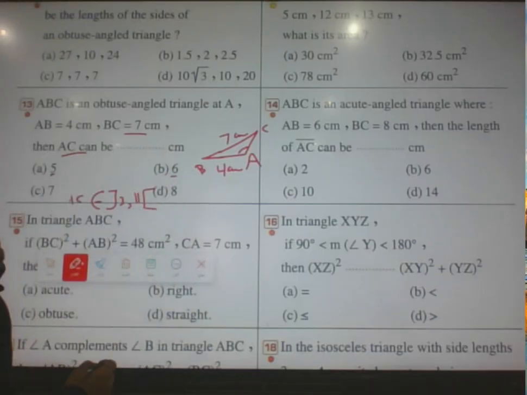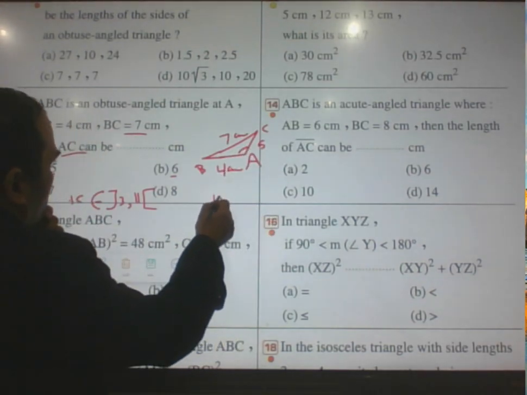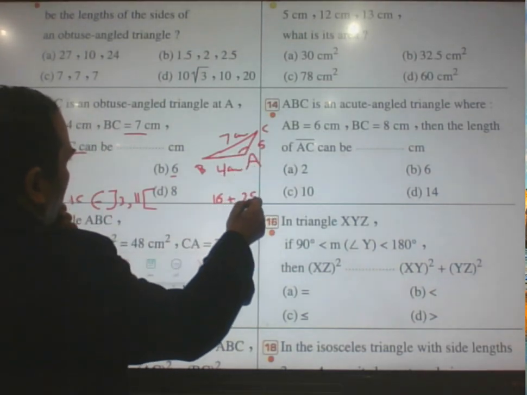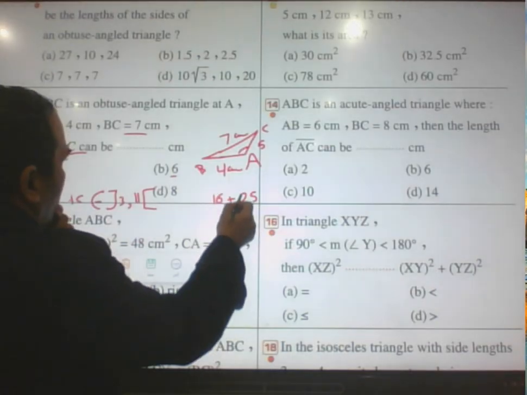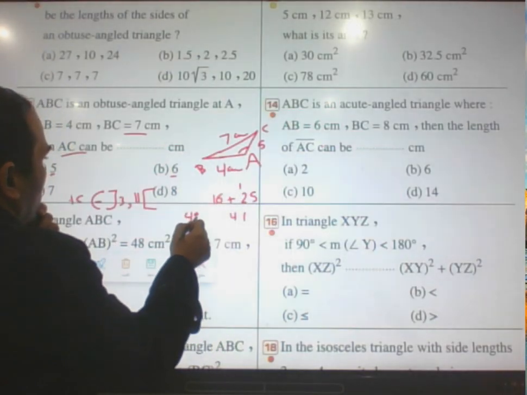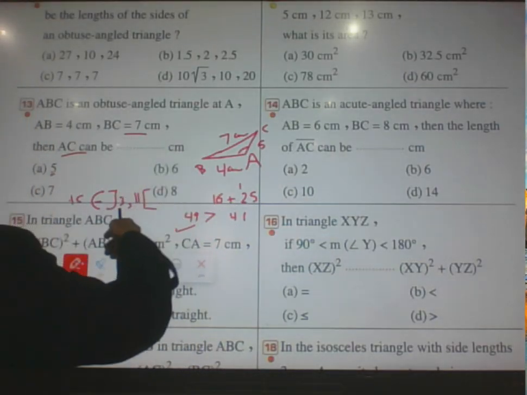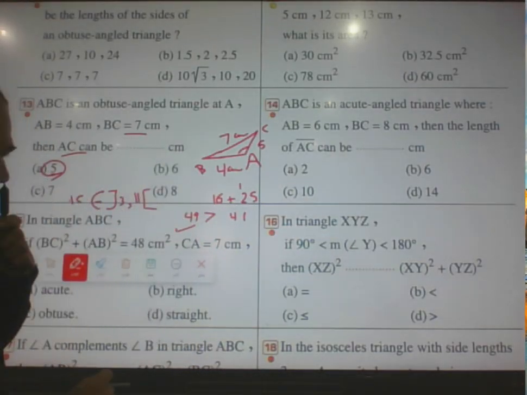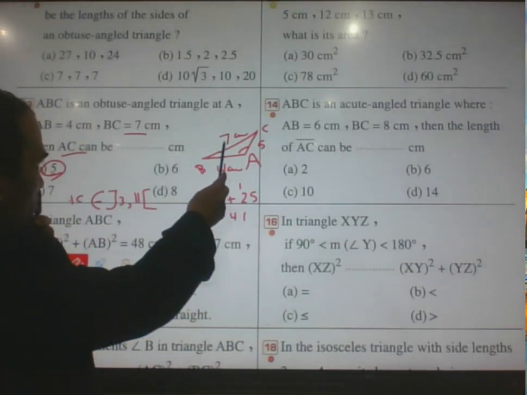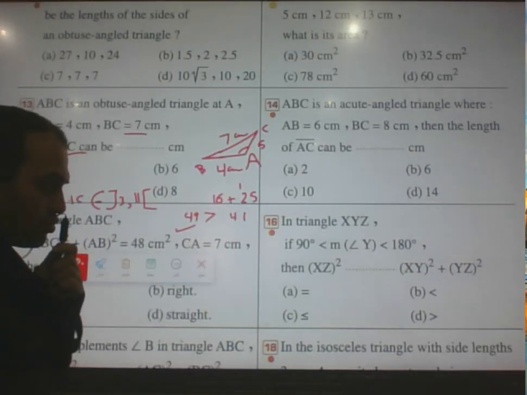Which is correct? Put 5 here. If we put 5, then 4 squared is 16 and 5 squared is 25. We can collect together: 41. And 7 times 7 is 49. Then it will be correct. If we put the value here as 5, it gives the obtuse angle triangle because 7 squared is greater than 5 squared plus 4 squared.